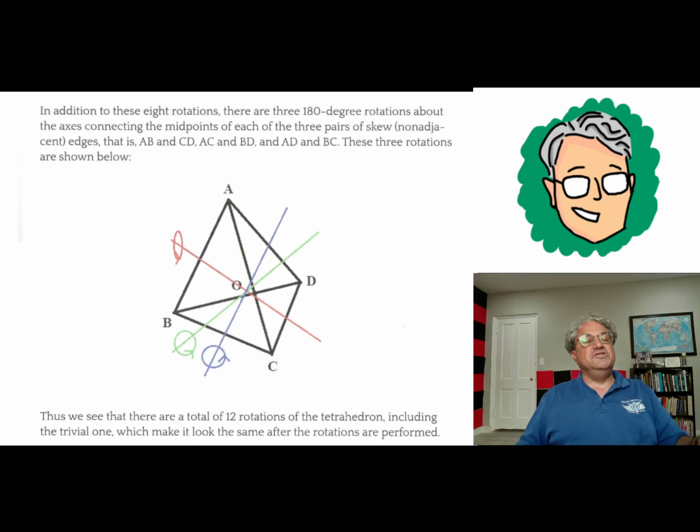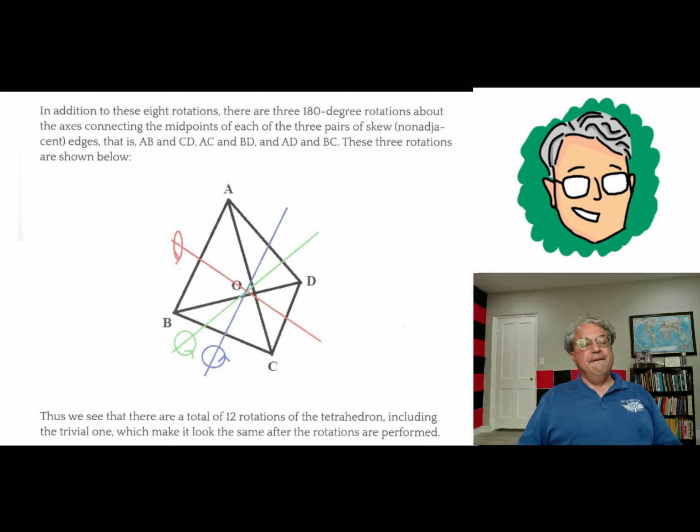And then we've got an additional 3 elements of order 2, namely the 180-degree rotations about axes passing through the midpoints of opposite edges or skew edges, if you like. So that gives us a total of 12, because remember we have the identity. So the identity was one element, and then we had 8 threefold rotations, that makes 9, and then we have 3 twofold rotations, that makes 12.